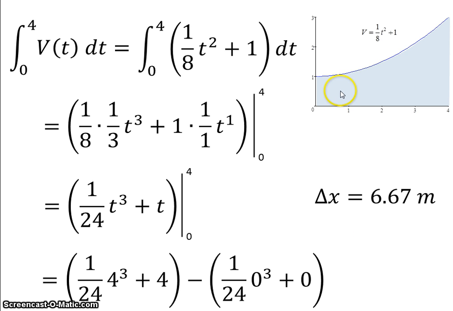Remember, differentiation is finding the slope. Like if I want to find the slope of this, I would differentiate, and that would give me the acceleration versus time graph. But if I have a velocity time graph and I want to find the displacement, that would be the area of the curve, so I would anti-differentiate, or I would integrate.